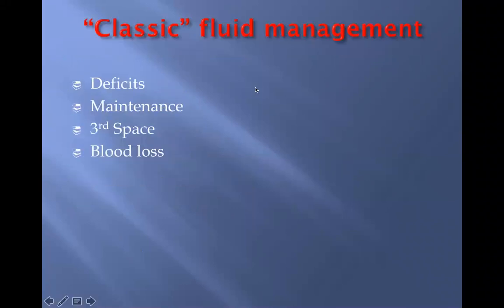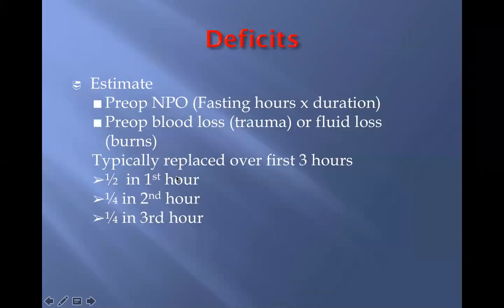And we can calculate the amount of fluid according to these 4 parameters: deficit, maintenance, third space, and blood loss. For the deficit, we have to estimate the pre-op, nothing peroral, fasting hours, multiplied by the duration. Pre-operative blood loss if there is a trauma, or fluid loss if there is a burn.